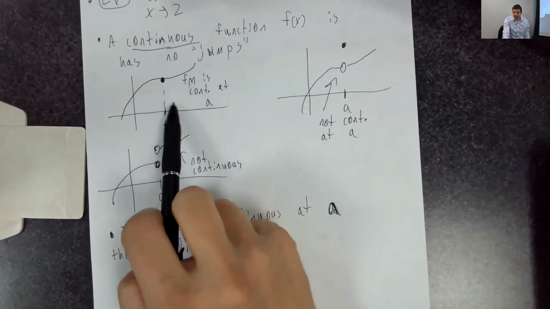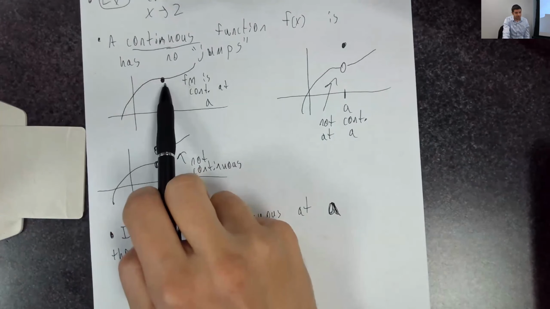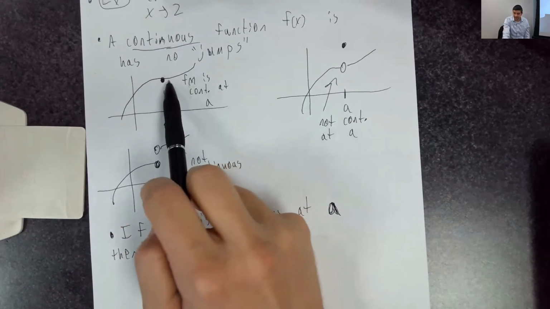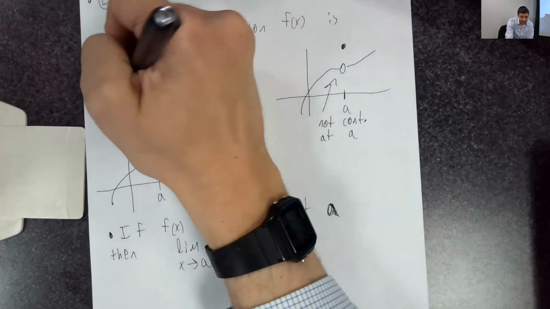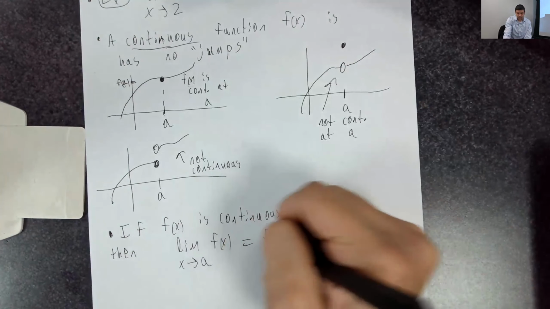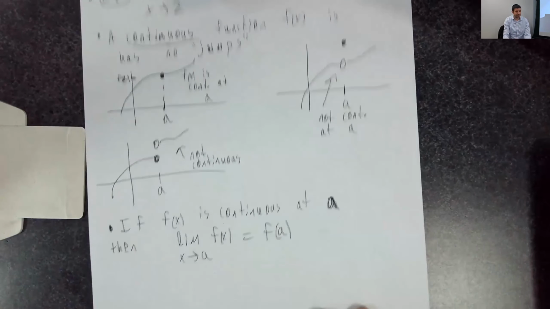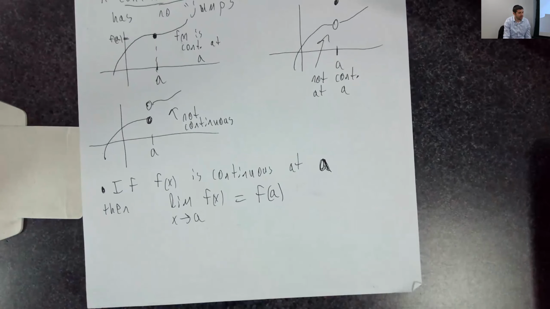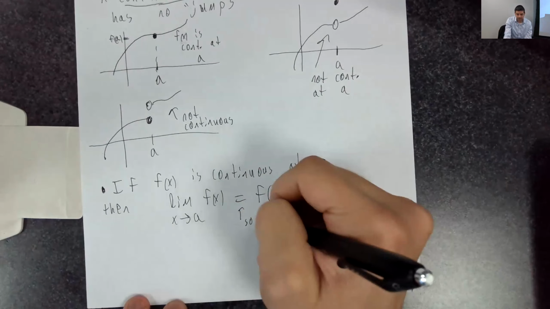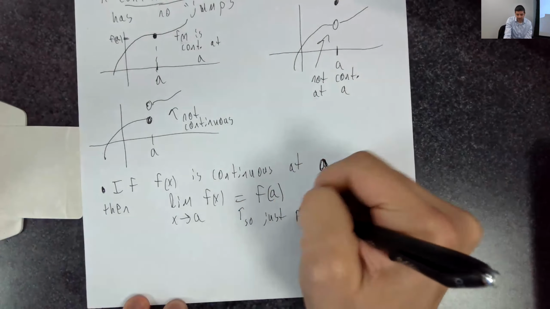Well, if your function is continuous, there's nothing to predict. We have full information. We know exactly what's going on left and right. And what is the function doing? It's giving you the y value, f of a. The limit is f of a. So you don't have to do it. You just plug it in. Just plug in the value and you're done. You don't even have to do anything as long as the function is continuous. So just plug in a.